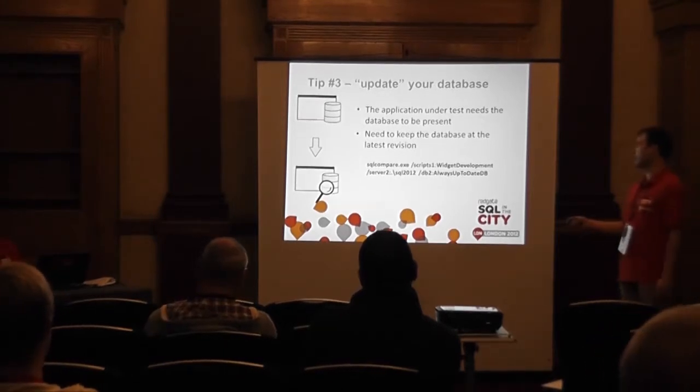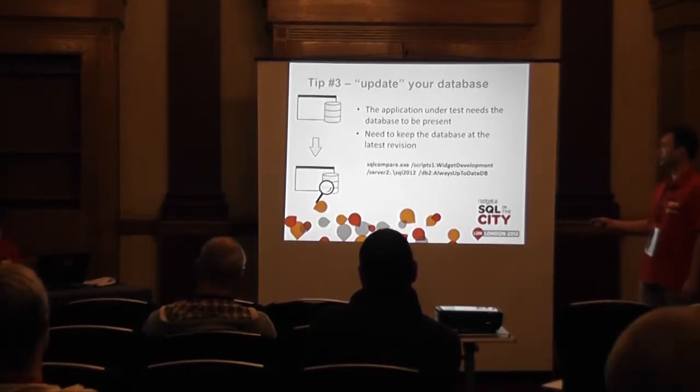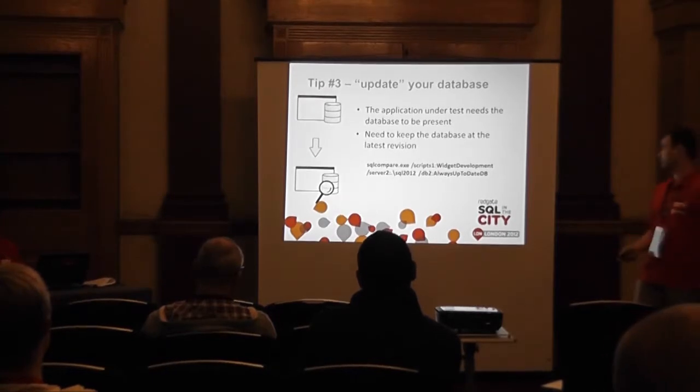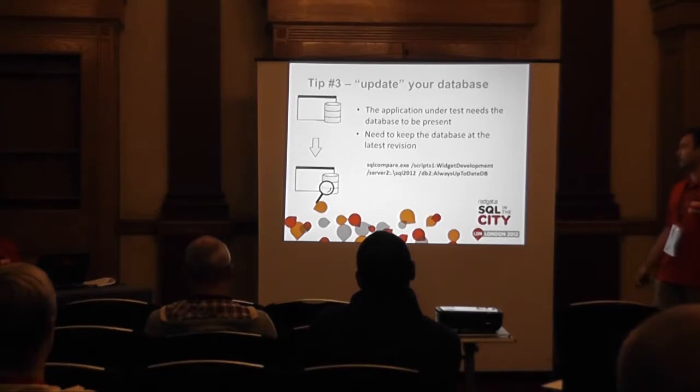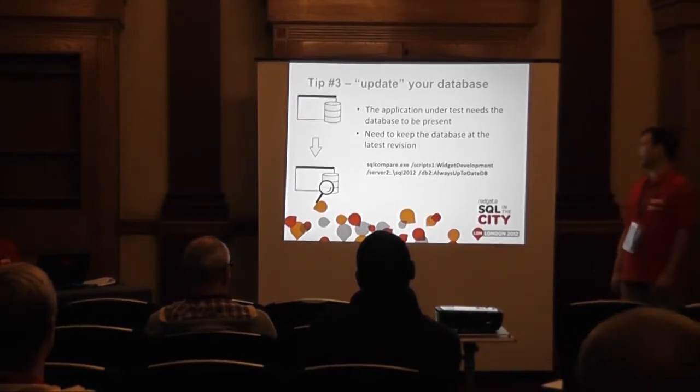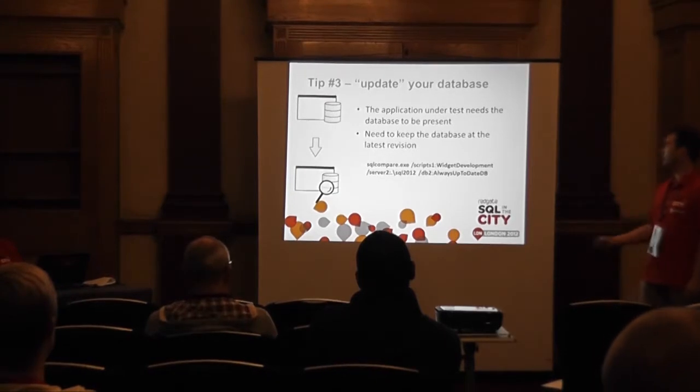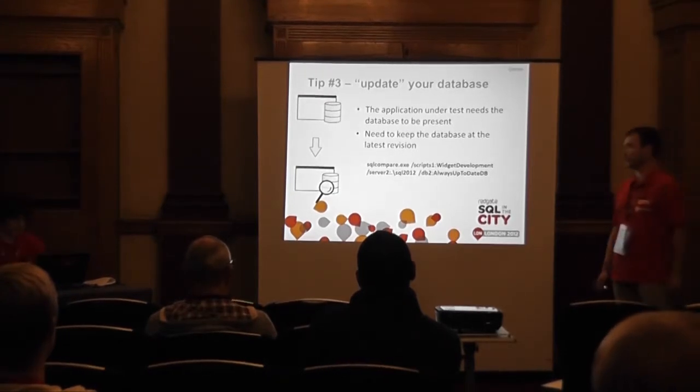So here you can see it's just taking a folder of scripts which represent the database. These are the creation scripts, and this is the target database. So you can see it's targeting a database called Always Up to Date DB on my 2012. And David will quickly demonstrate.